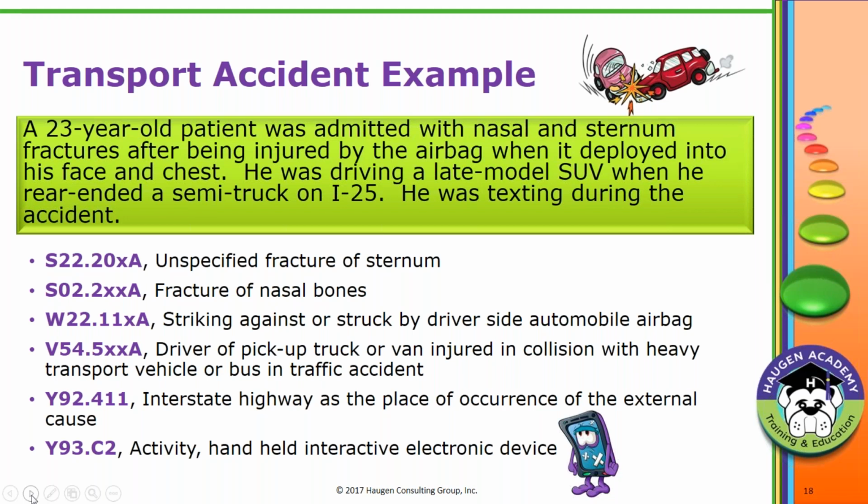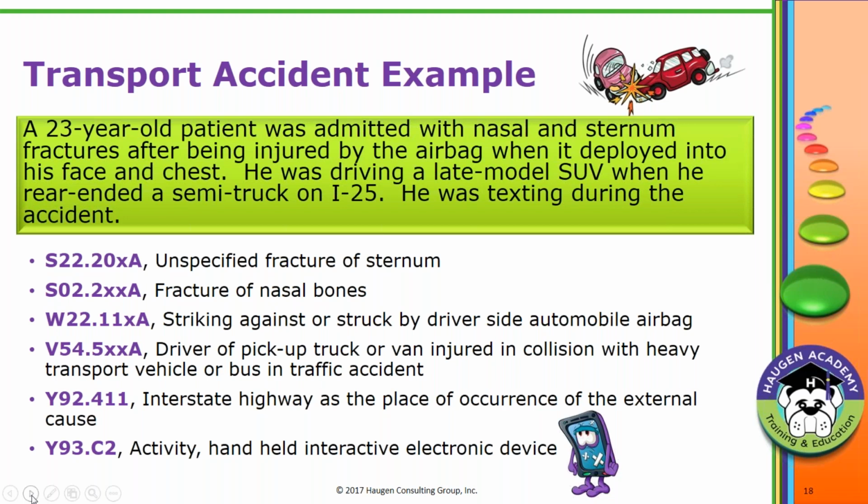So obviously you have your injury codes there, your fracture of your sternum and your fracture of your nasal bones. Then we have your W22 code. So there is the airbag code. We have the V54 code. There was a driver of the pickup truck, and then it was involved in a collision with a heavy transport vehicle.